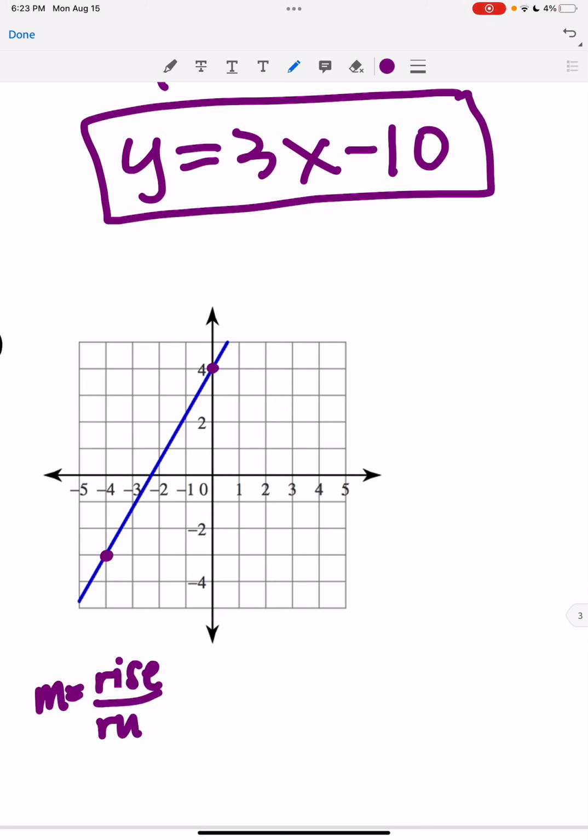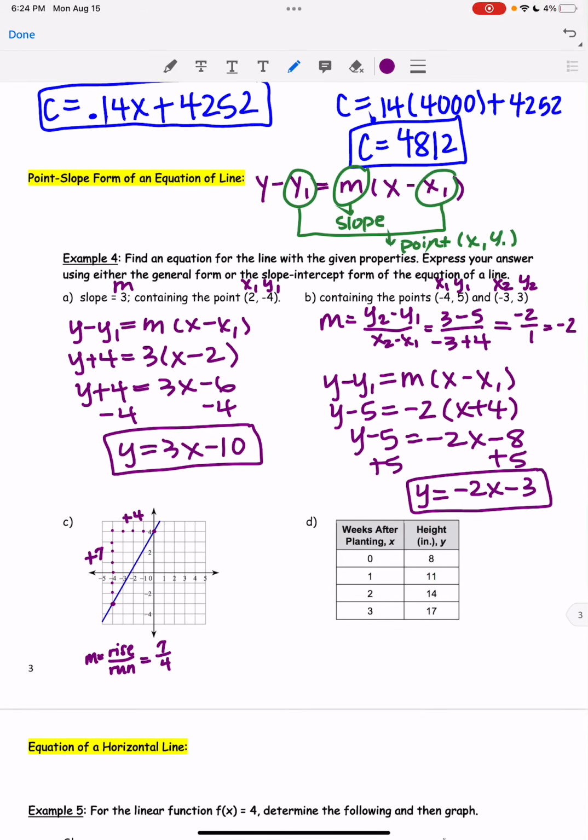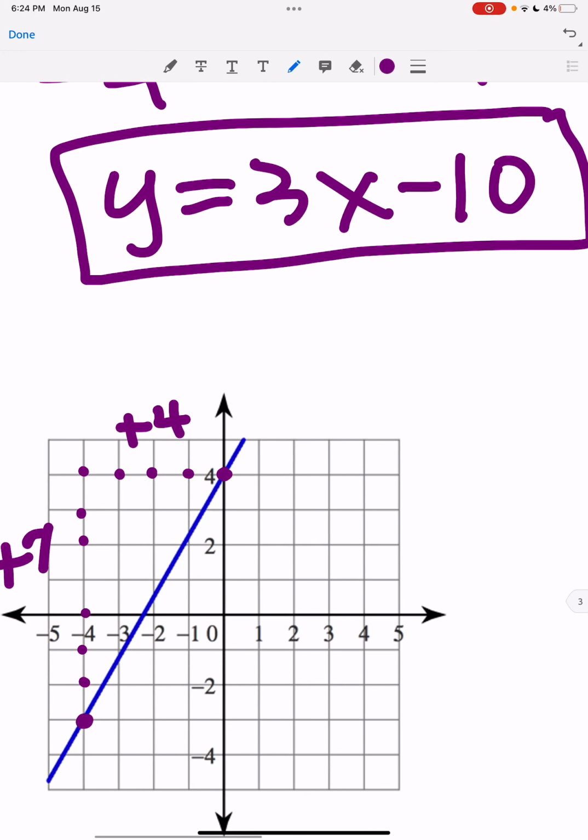use rise over run. So I am rising from this point, 1, 2, 3, 4, 5, 6, 7. And I am running 1, 2, 3, 4, both in a positive direction. I have my y-intercept.